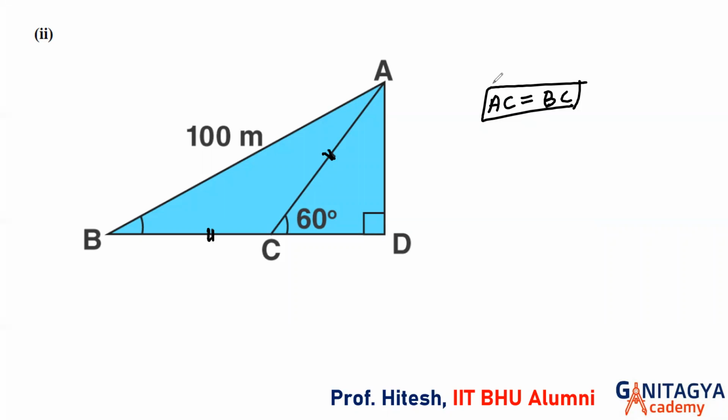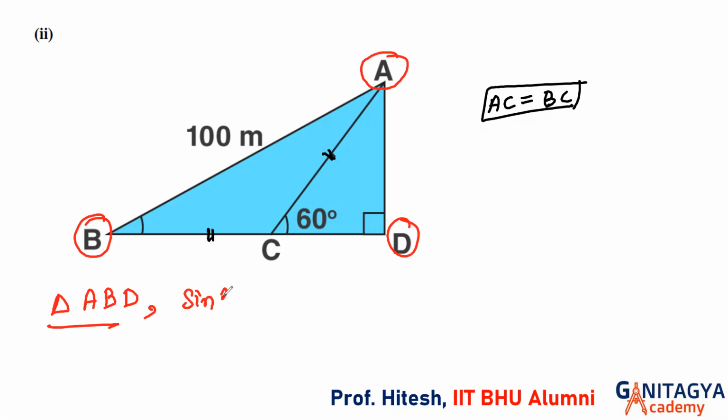And we will check. If we take the outer triangle ABD, in triangle ABD, sine B is equal to, let me calculate first.